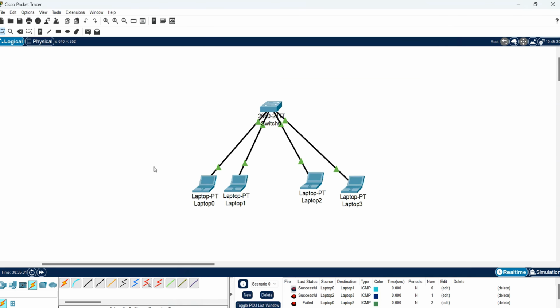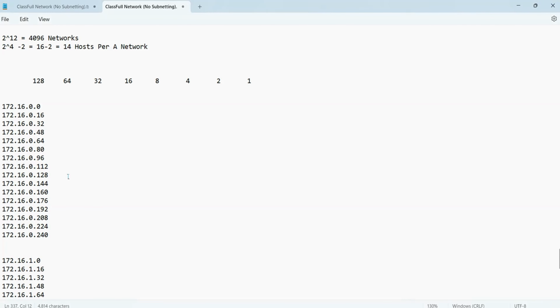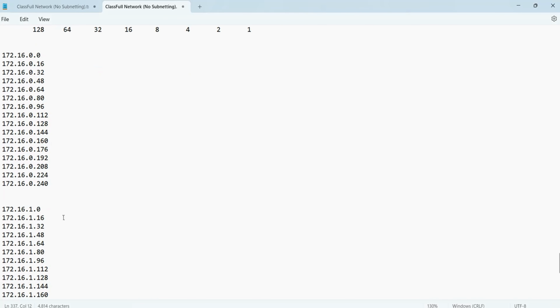I cannot put it as an IP address. So this is a network ID. What is the first host? 172.16.1.17 is the first host. 172.16.1.30 is the last host. And then 1.31 is what? The broadcast. The next network is this.